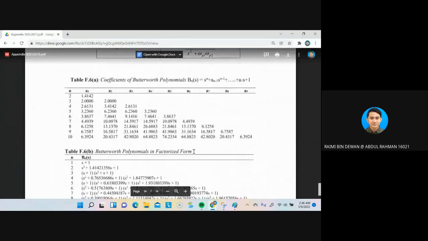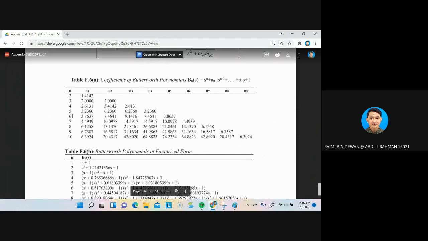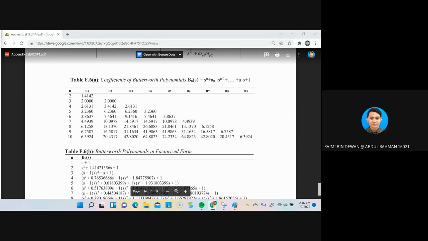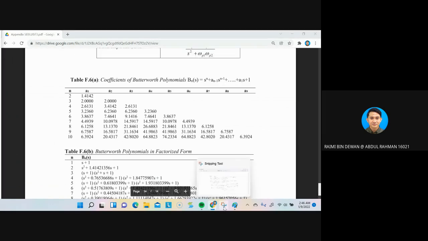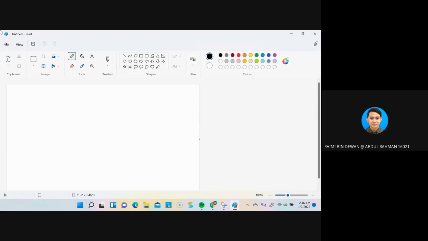So this is your Butterworth. You need to see here A1, A2, A3, A4, A5 for order filter 6. So you need to see from the table.